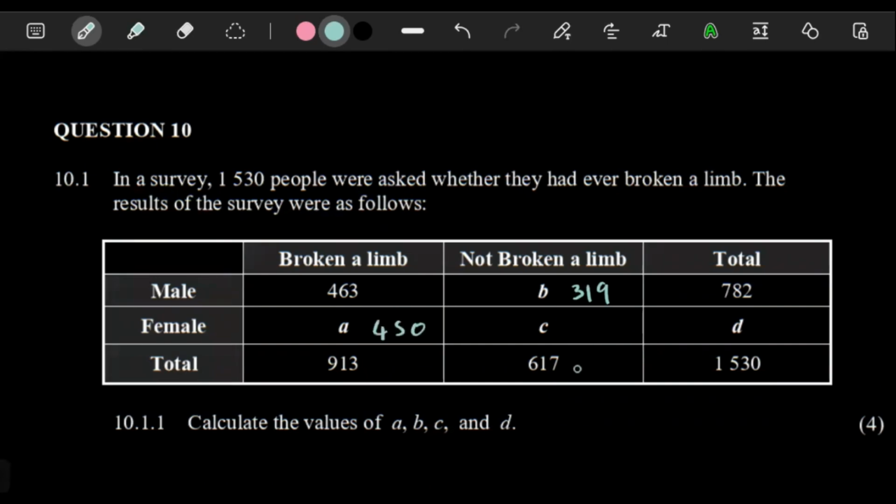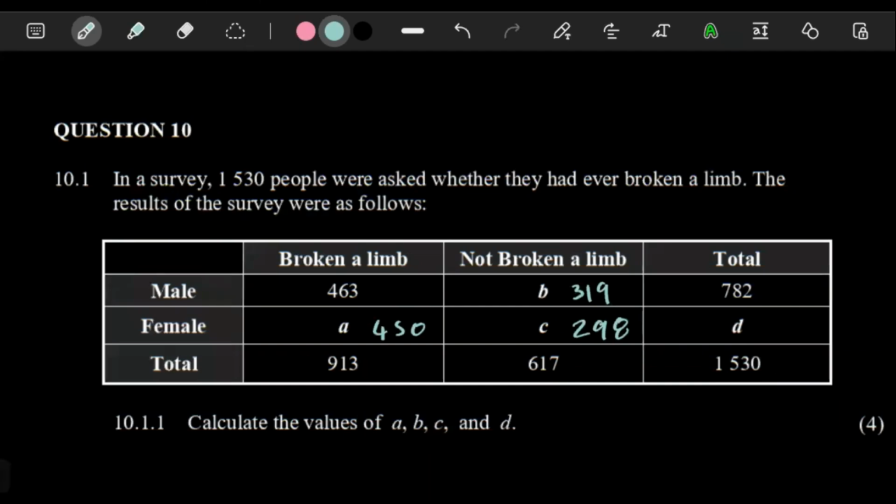Here you can do the same. This minus that gives you the value in the middle over there. So that's like 617 minus 319. This is giving us 298. Moving on, same here.